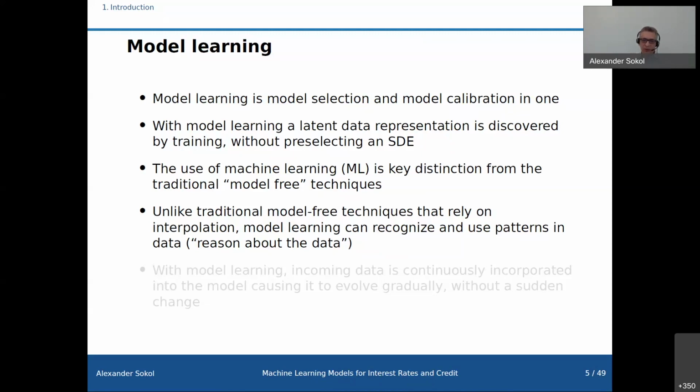Historical VaR is really a model-free approach. You're just looking for samples in the historical data, and you're making conclusions about future risk from what happened in the past without really a model being involved. However, traditional model-free techniques mostly interpolate or use the data directly.